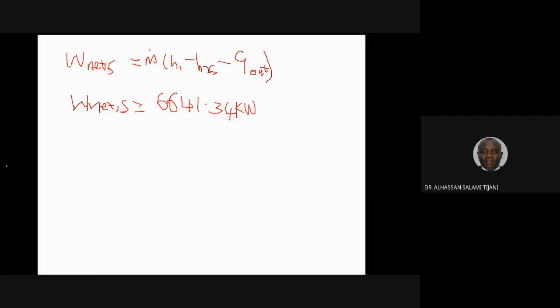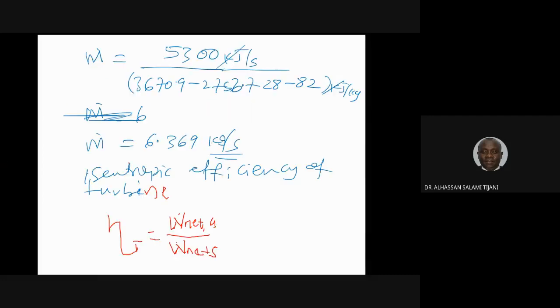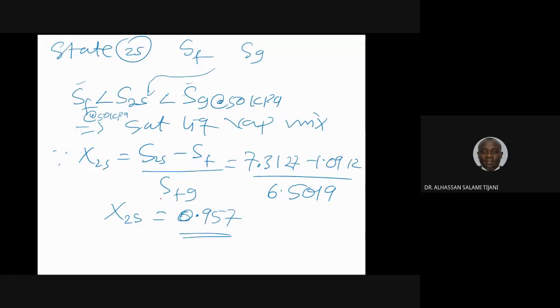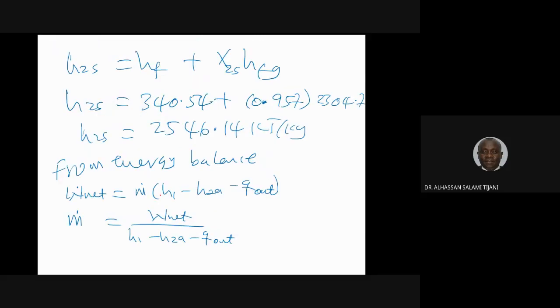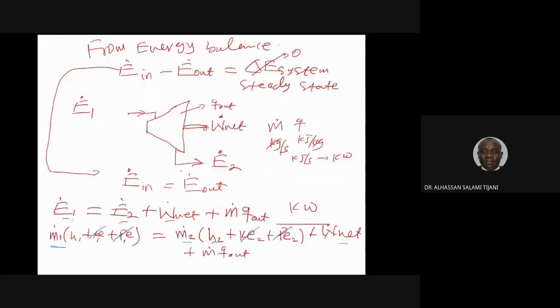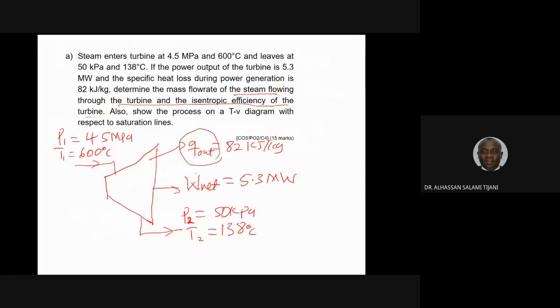So now the other W net, the work which is given over here, is equivalent to W net A. W net A is given by this, that's the actual one.